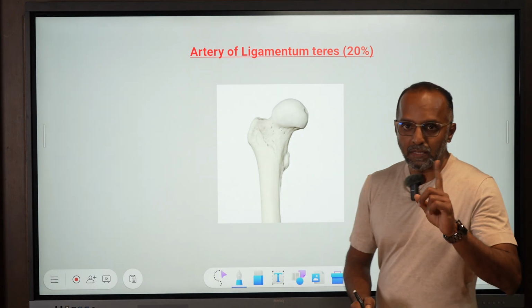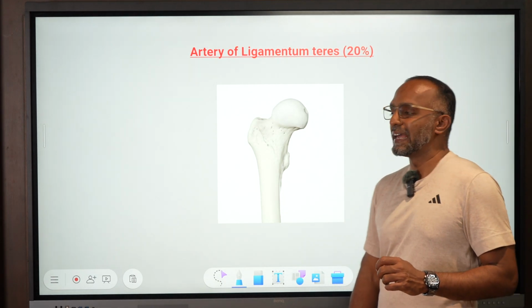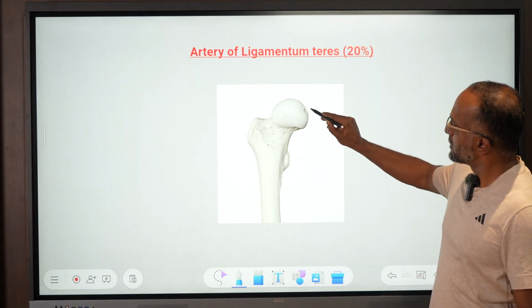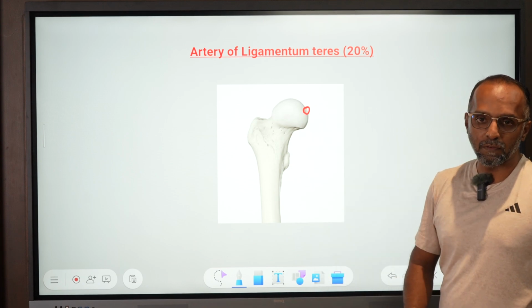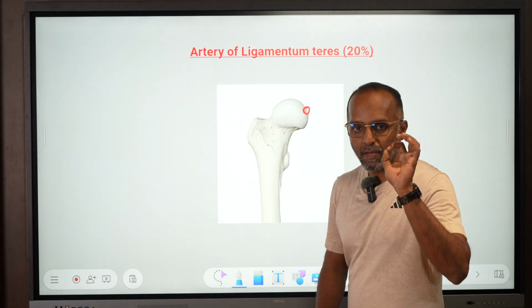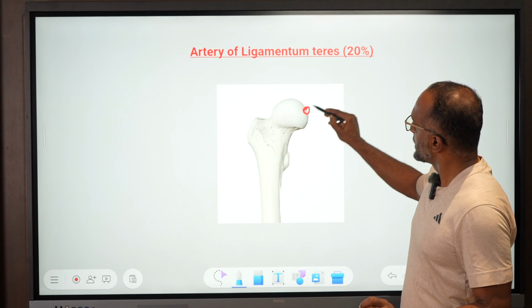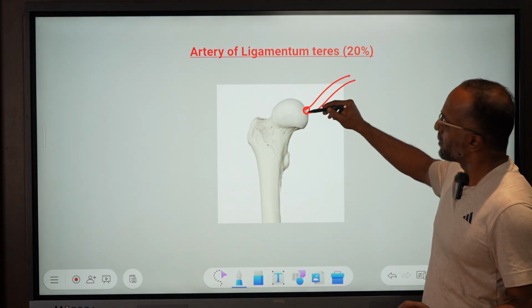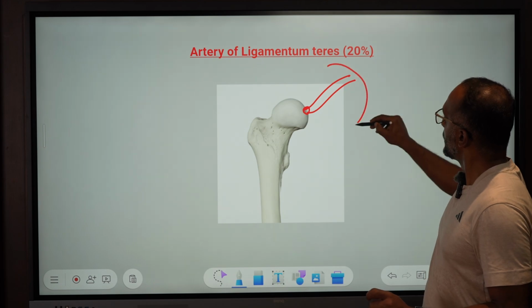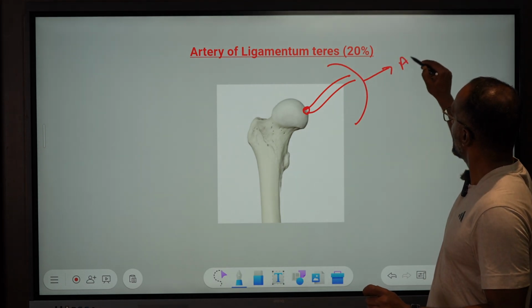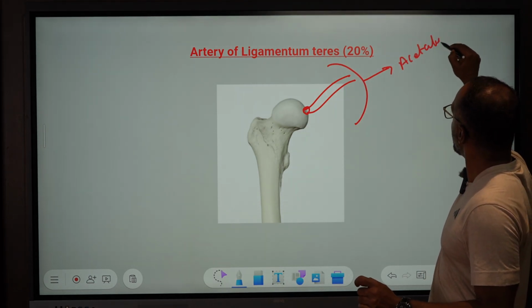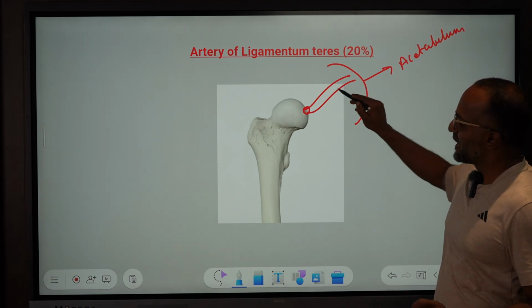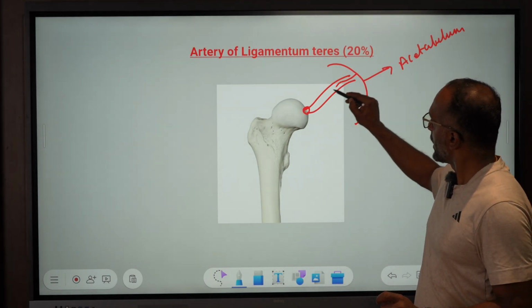Now, I told you about another artery that is called the artery of ligamentum teres. You see this round structure in the head of the femur, this is called the fovea capitis, and this is the place where the ligamentum teres is attached from the head of the femur to the acetabulum. Okay, so this is the acetabulum. So inside this ligamentum teres, one artery comes.